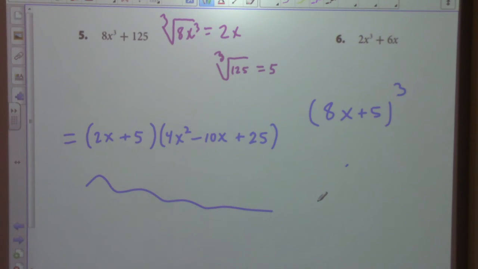It's not fully broken down. What happens is, if you multiply all these out, you're not going to have this. So you have to cube the 8 here. It's the most common error in algebra, like x squared.